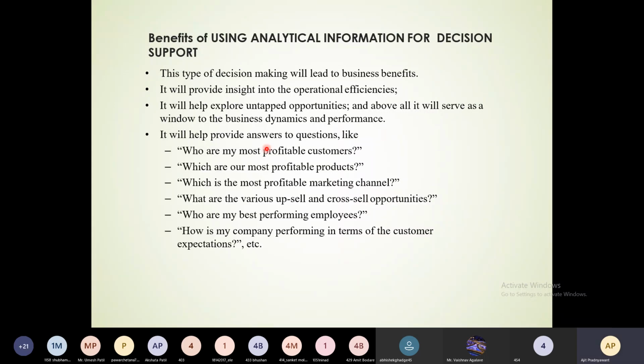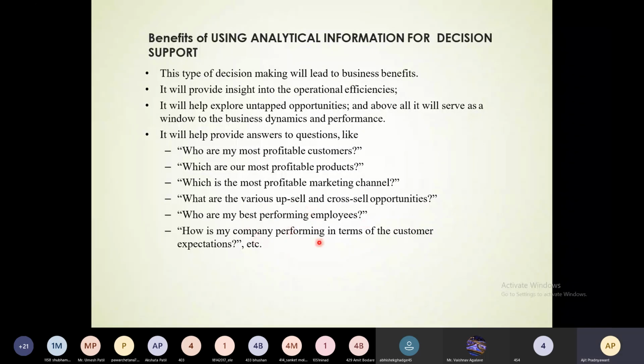It will help to provide answers to questions like, who are my most profitable customers? Which are the most profitable products? Which is the most profitable marketing channel? What are the various sell-up and cross-sell opportunities? Who are my best performing employees?